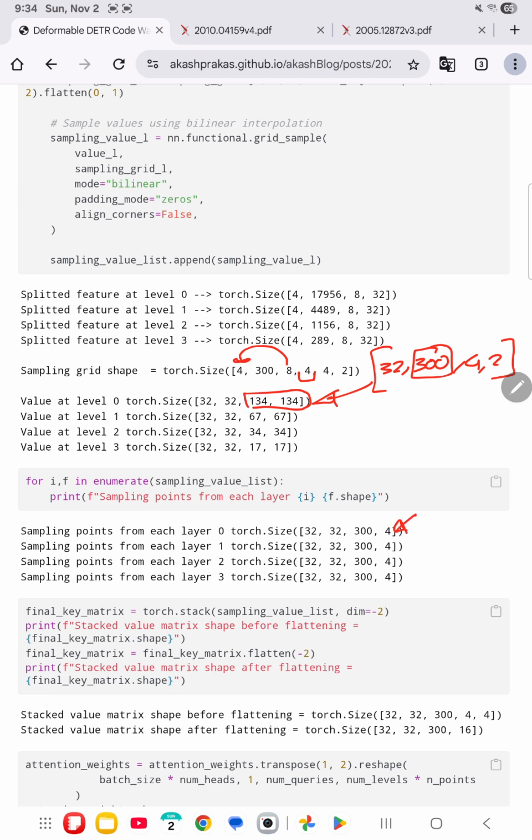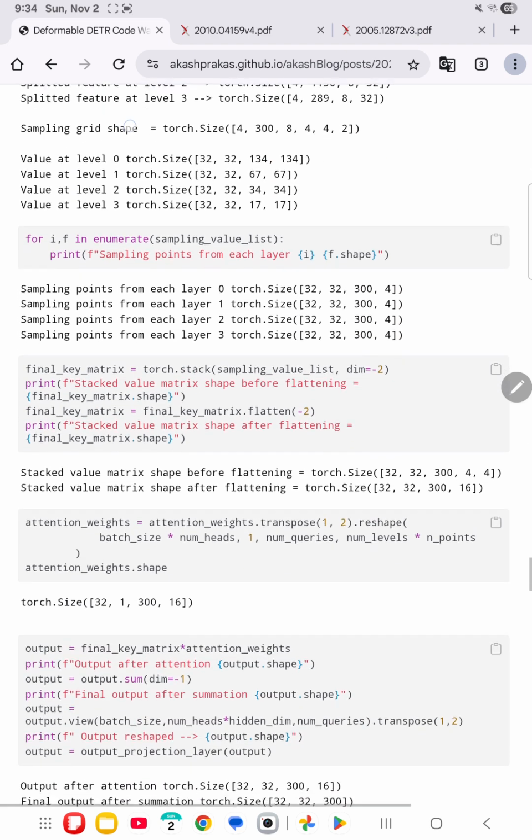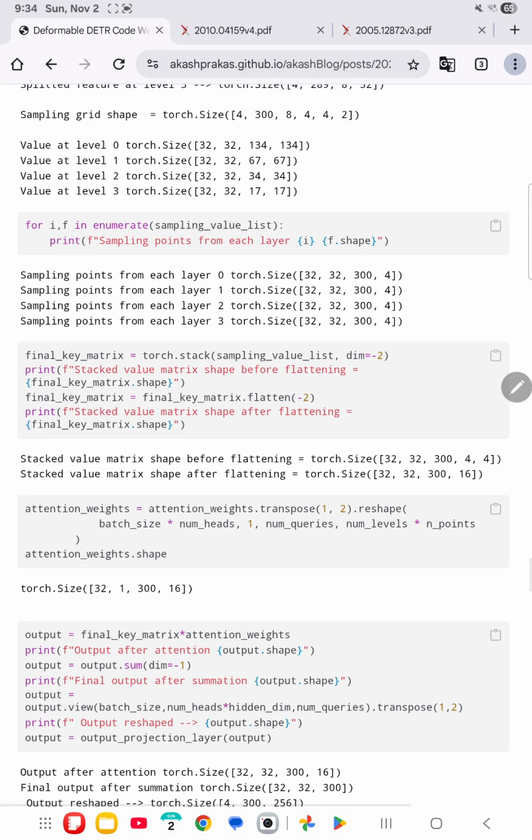So for 300 query points we get 4 points, and similarly for the next level as well. Like that we get 4 points each for each level, and we stack them up. When we stack this many points up we get this one, then you flatten it.